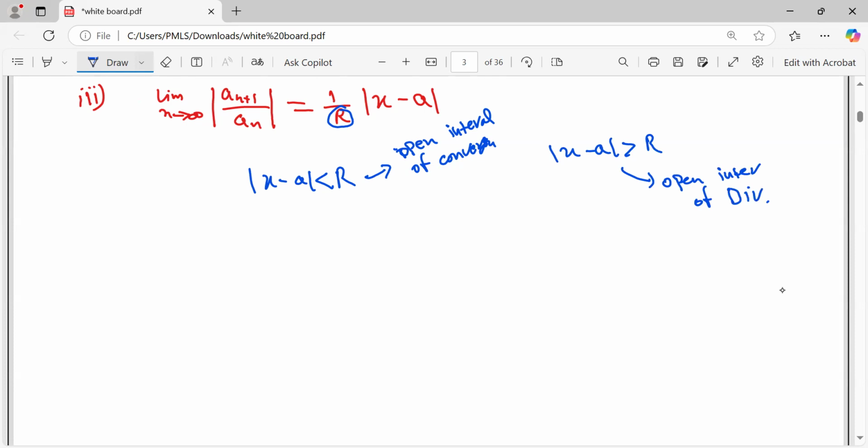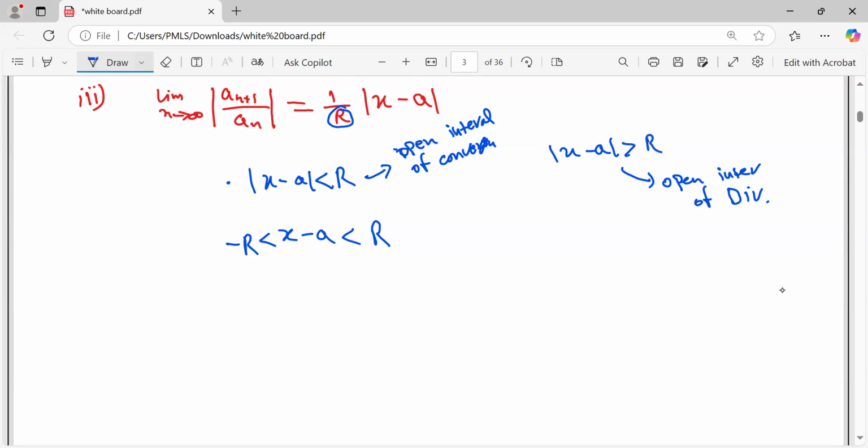So whenever we apply the ratio test and we get something like that, we need to solve this inequality. If we open this modulus, we know that it becomes x minus a less than r, and x minus a greater than minus r.